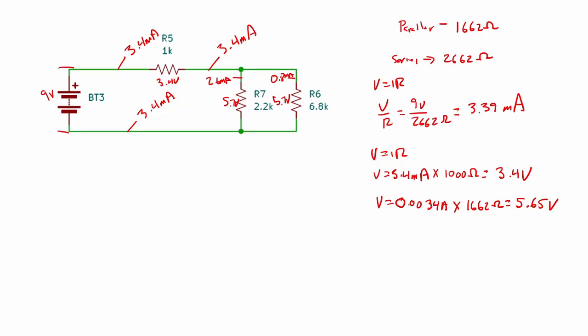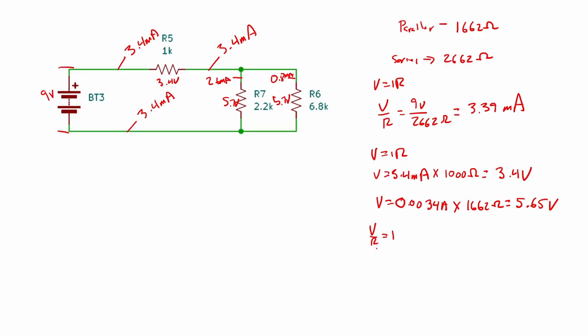But what is the voltage drop across these? Well, again, we know the currents. Well, what should the current be? Let's look at it that way. We got our voltage drops at 5.7 volts, or 5.65 volts. Sorry, that's our theoretical. So V over R is going to give us the current.